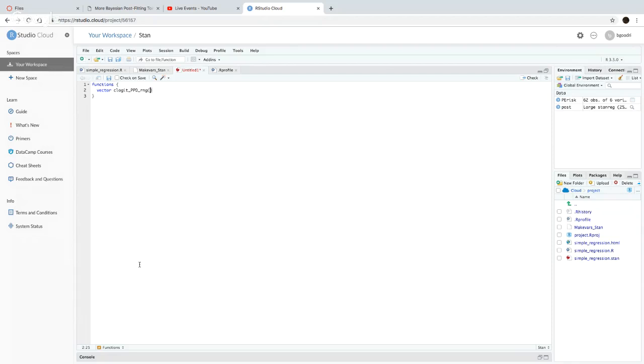So what are we going to need for a function like this if we want to draw from a prior predictive distribution for a conditional logit model, let's say with one predictor and a normal prior on the coefficient of that one predictor? What are the arguments we're going to need for our function that draws from that prior predictive distribution?